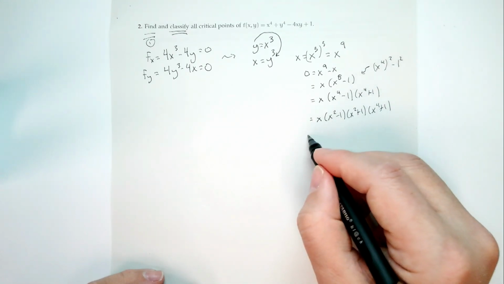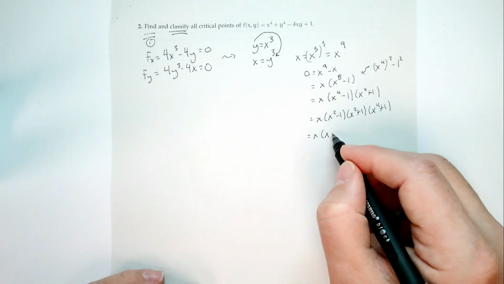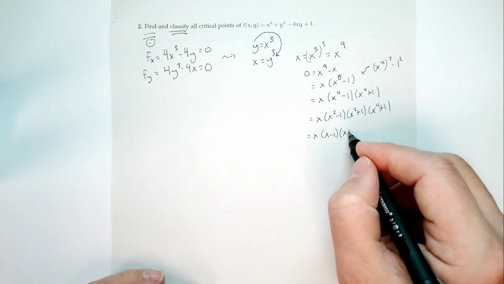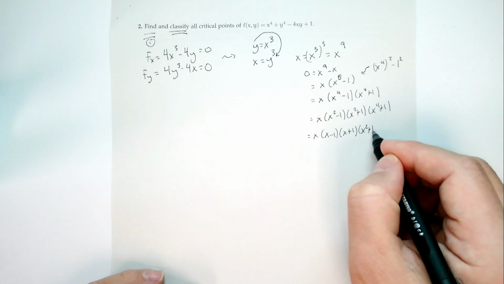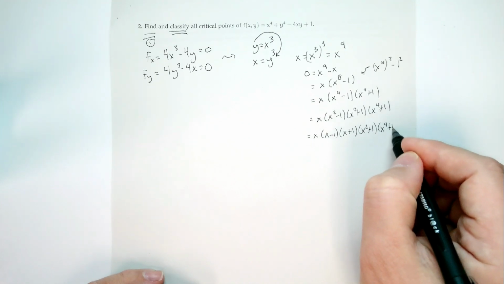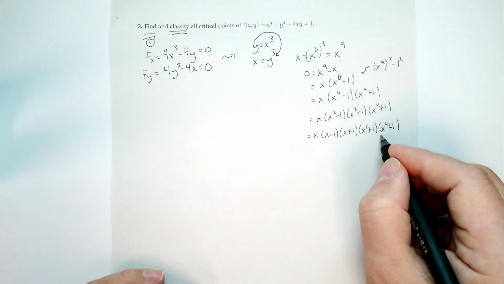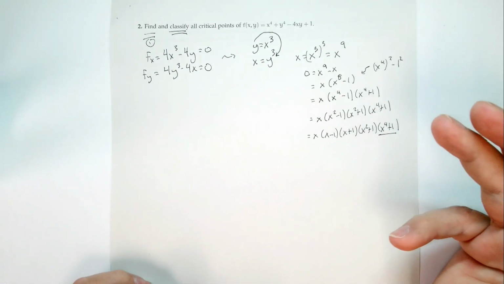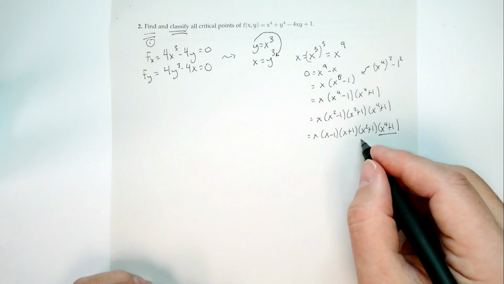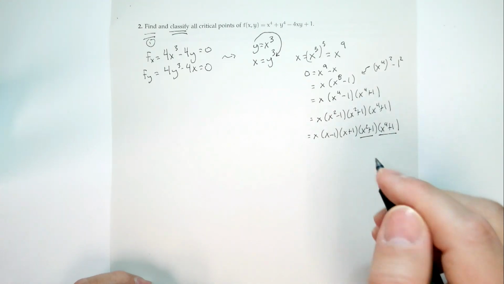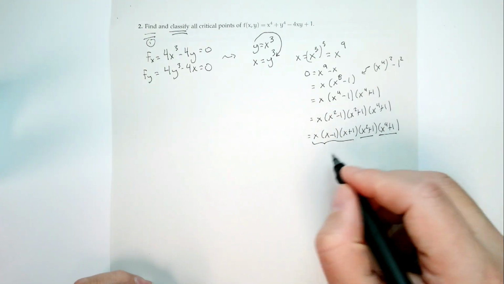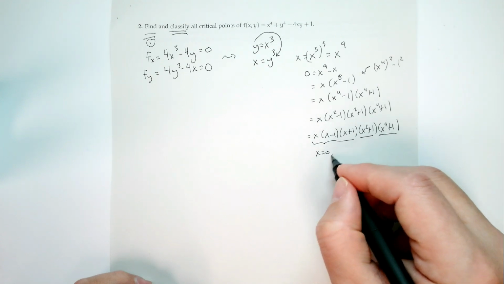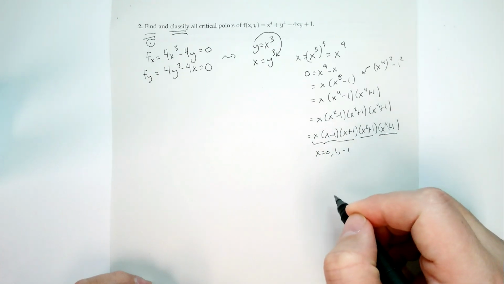Well, how about this x squared minus 1? Well, that's x minus 1, x plus 1. And of course, you got the x squared plus 1 and the x to the 4th plus 1. Now, you can't have x to the 4th plus 1 be 0. Because if I raise something to the 4th power, it's greater than or equal to 0. Same thing with x squared plus 1. Which means our only possibilities for x are x equals 0, 1, or negative 1.